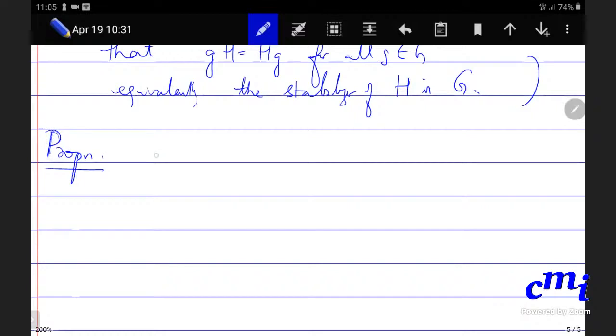So this generalizes the observation that we made about symmetry. G acts on a set X. Let x be inside X and x prime be an element of the orbit of x.